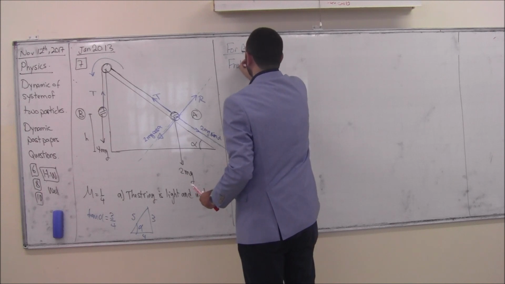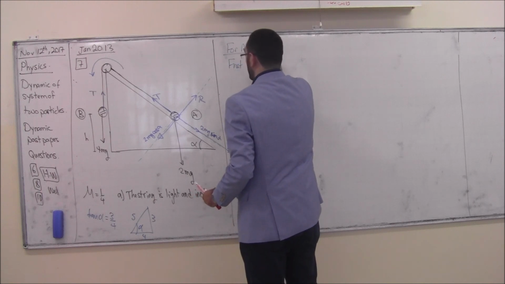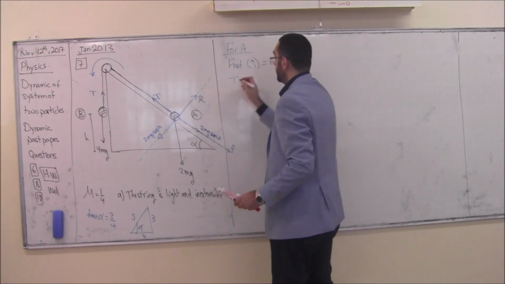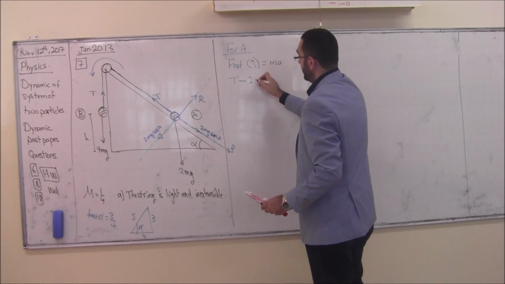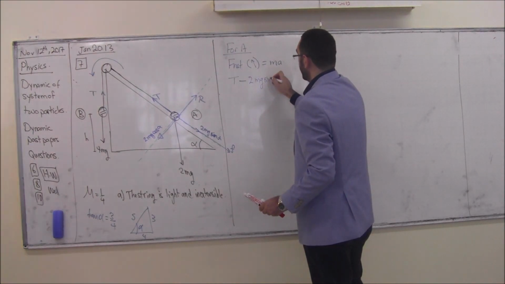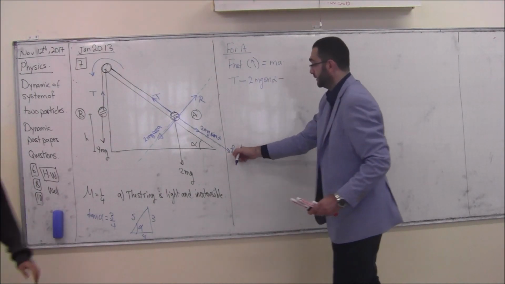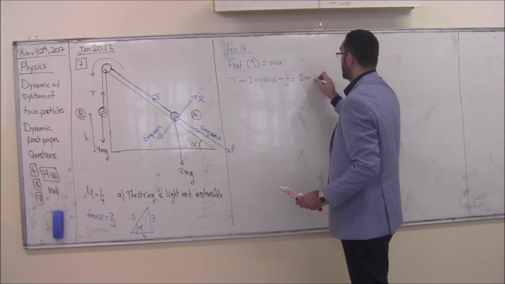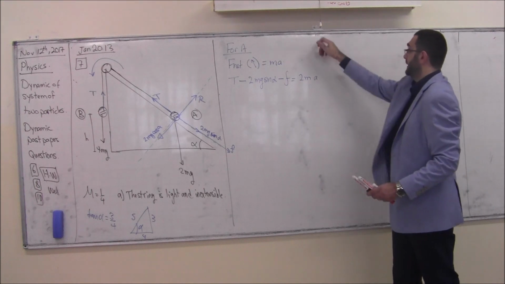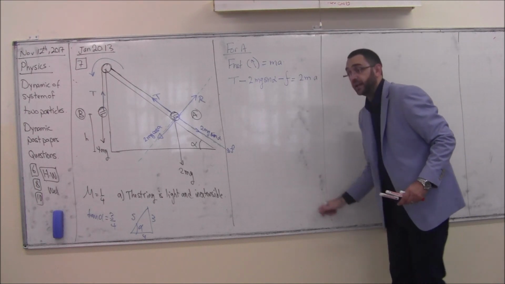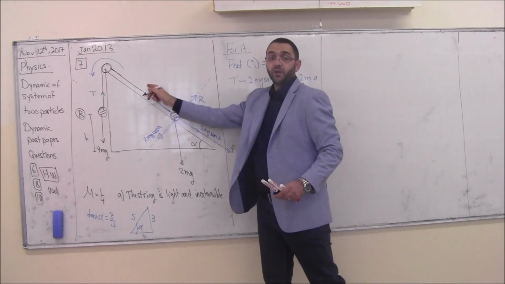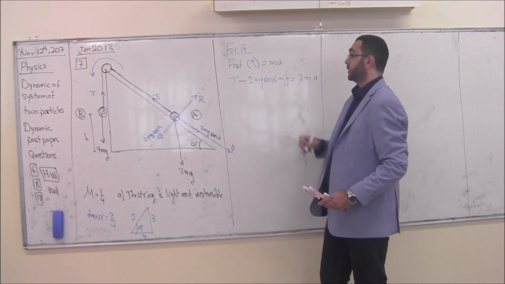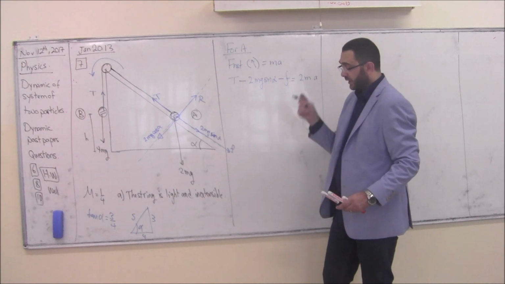Net force up the plane equals mass times acceleration. T up the plane minus 2mg sine alpha minus friction equals 2ma. T is positive because it is up the plane, and 2mg sine alpha and F are negative because they are down the plane.